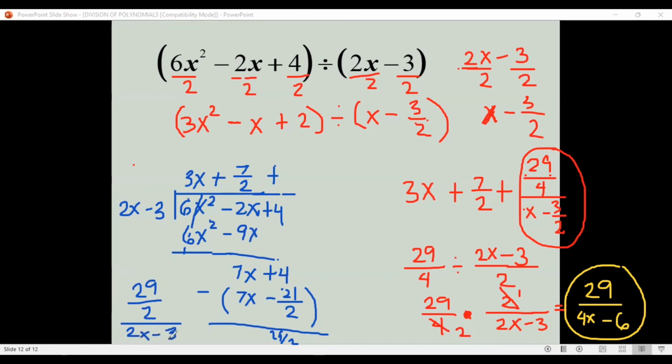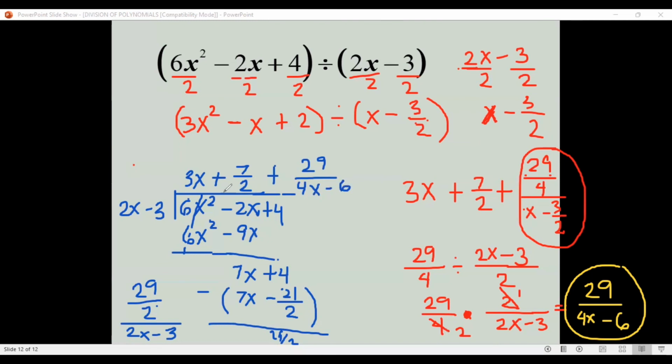So what do we do here? If you are going to look into this, you have to multiply it by the reciprocal of this, which is 1 over 2x minus 3. So again, that becomes also 29 all over 2 times 2x, that is equal to 4x, and 2 times the negative 3, the answer is negative 6.